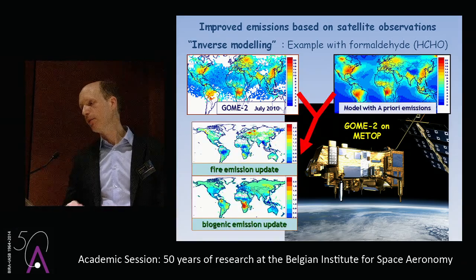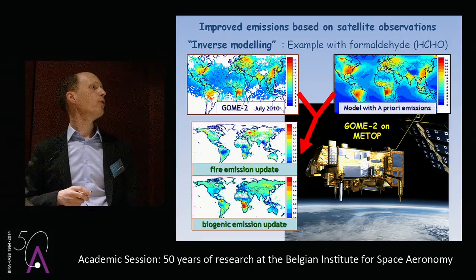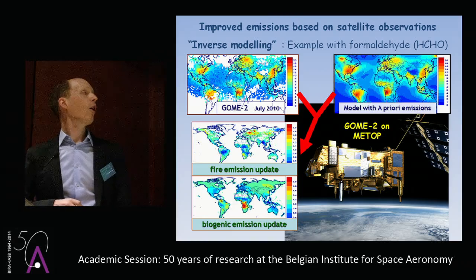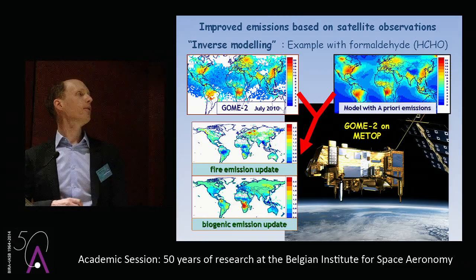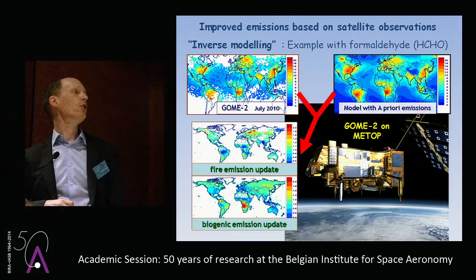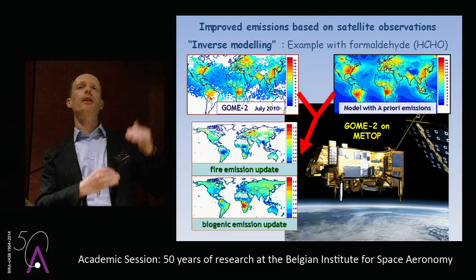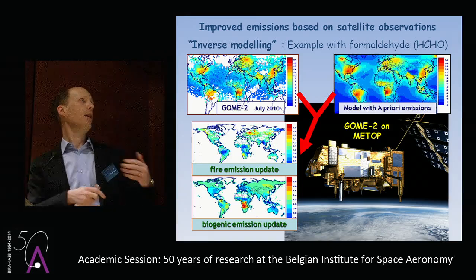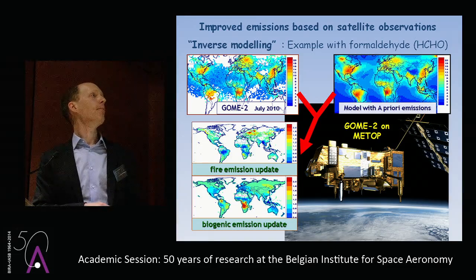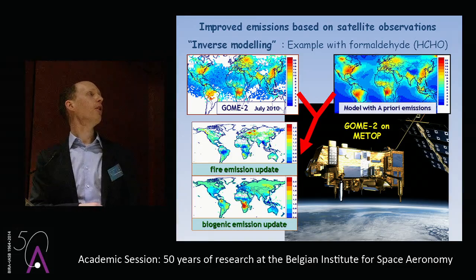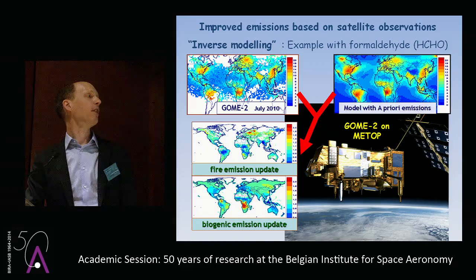So we have developed a system which allows us to derive updated emissions. This shows the update, which is the ratio of the optimized to the a priori emissions. So that means, for example, the system increased the emissions over Russia and decreased the emissions over Amazonia. And in the case of biogenic emissions, you have, for example, this decrease over the US and over Europe.